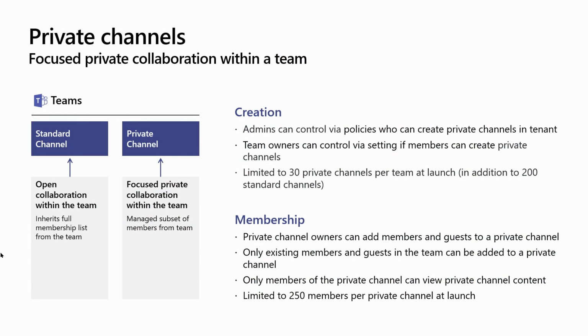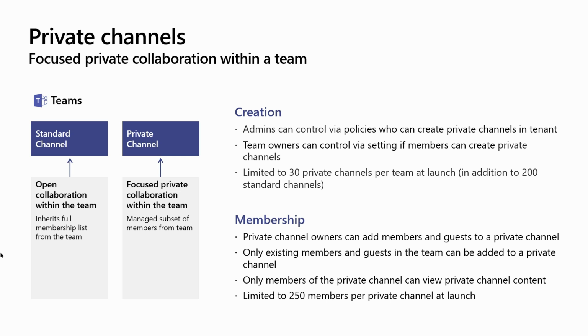Now that we've talked a little bit about how to organize your teams, let's talk a little bit more about private channels. So, as I mentioned, there are two types of channels in Teams right now. A standard channel for open collaboration across the team, and a private channel for focused collaboration within the team. Administrators in your organization are going to control the policies about who can create private channels in a tenant. They're probably already doing that about who can create teams as well.